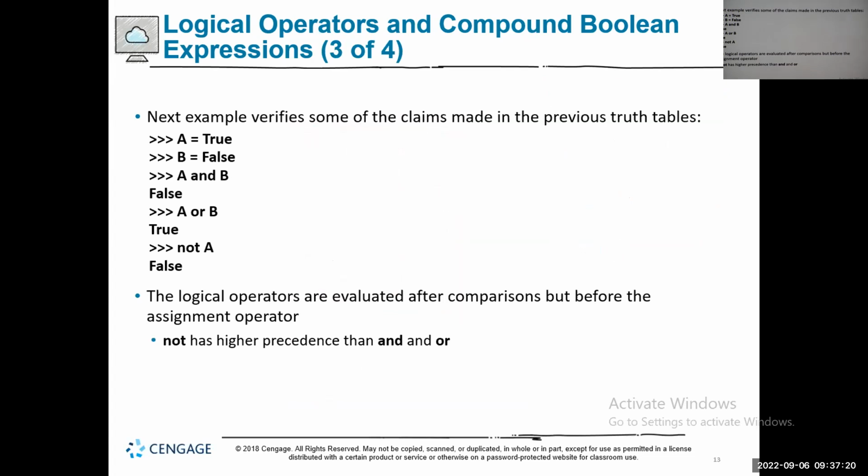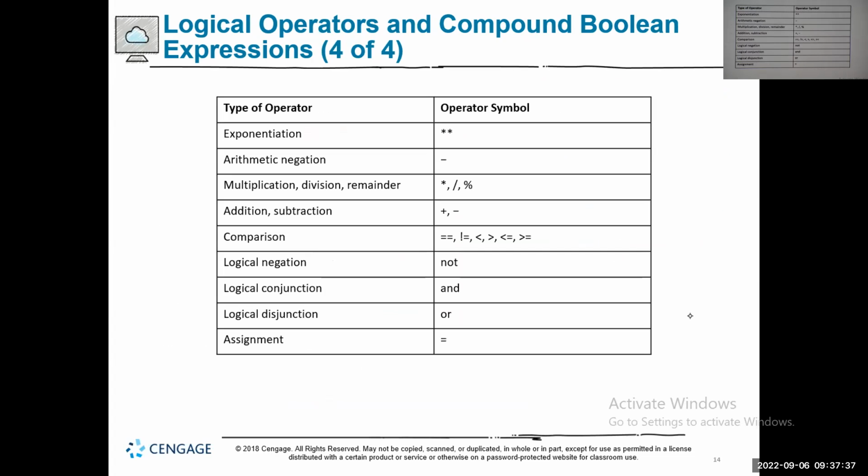Okay, so here's some examples, right? If you have A is true and B is false, so if A and B, that means true and false, it is false, right? Because when you use AND, the output is true only when both of the inputs are true. Okay, and you can use a combination of the logical operators with the arithmetic operators here.